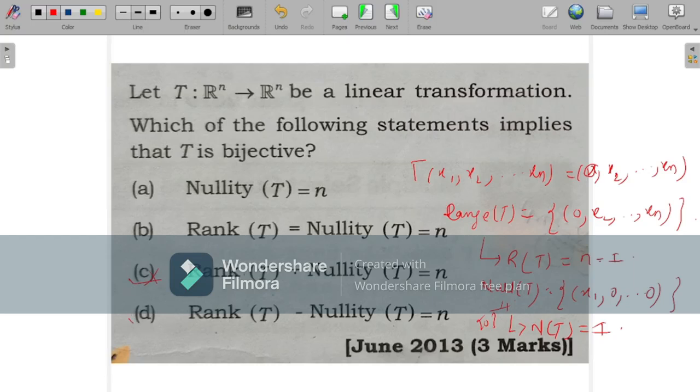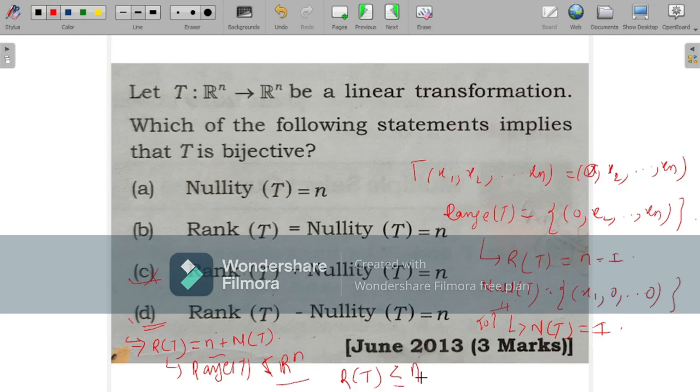Now the fourth option D. See, rank of T minus nullity of T equal to n. So this implies that rank of T equal to n plus nullity of T. Alright, see, range space of T is a subspace of R^n. So the dimension of range space of T, that is rank of T, must be less than or equal to n. But here rank of T equal to n plus some non-negative number.